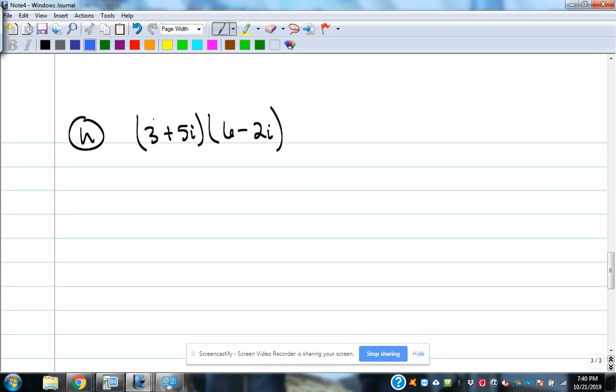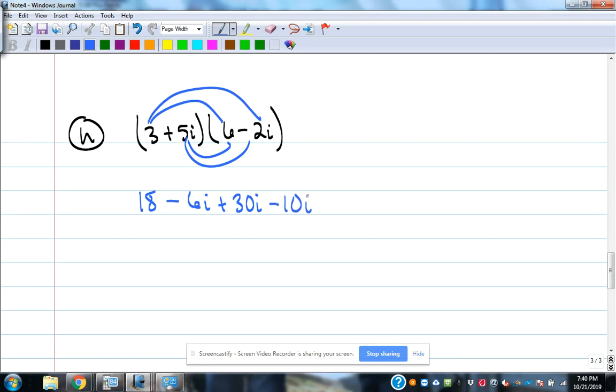So if we did the distributive property, 3 times 6 is 18. 3 times negative 2i would be negative 6i. 5i times 6 would be plus 30i. 5i times negative 2i would be negative 10i squared. The difference is I've got to simplify this, and I know that i squared turns into what?